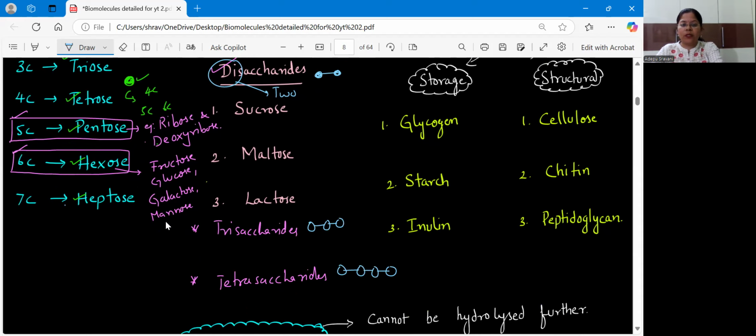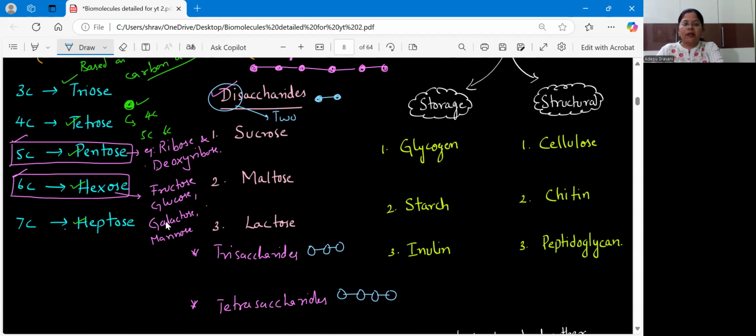Now here, please don't get confused between the trioses and tetroses, and the trisaccharide and tetrasaccharide. Many students get confused about which of them are oligosaccharides and which are monosaccharides, whether triose is oligo or mono. So please don't get confused. Triose is a monosaccharide with 3 carbons.